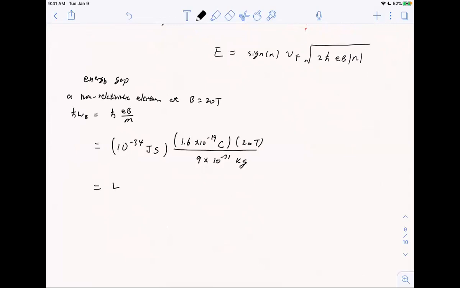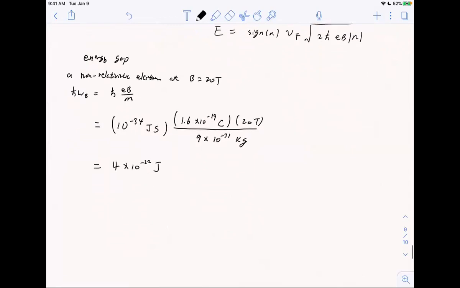Then you get a value that is about 2.5 meV, approximately thermal energy at about 30 Kelvin.